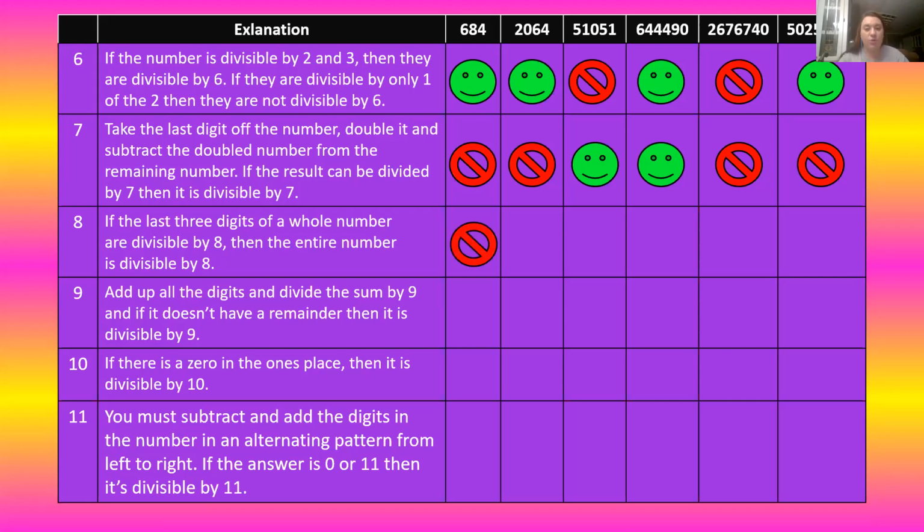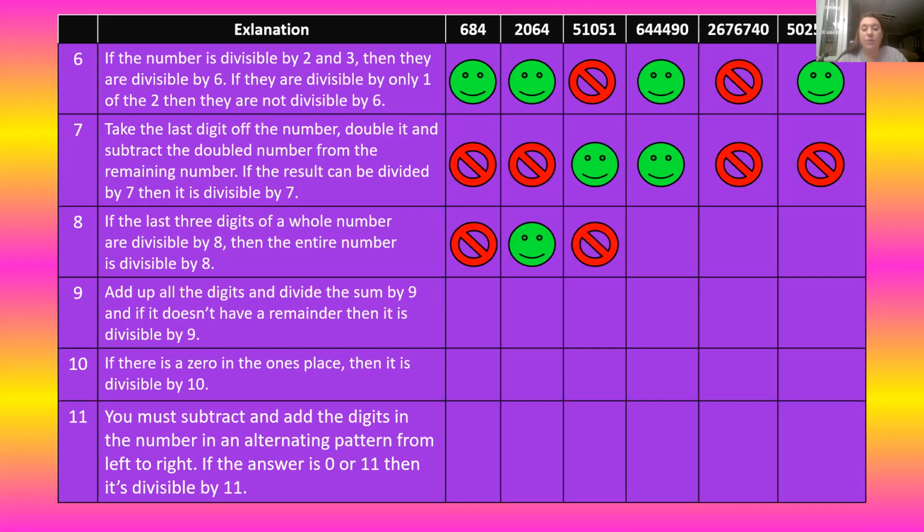And then when you have 2064, well, 64 divided by 8, because you only take the last 3, so the 0 wouldn't count. It gives you 8, so it is divisible by 8. Now, what about 51,051? You would do 51 divided by 8, and that is not divisible by 8.